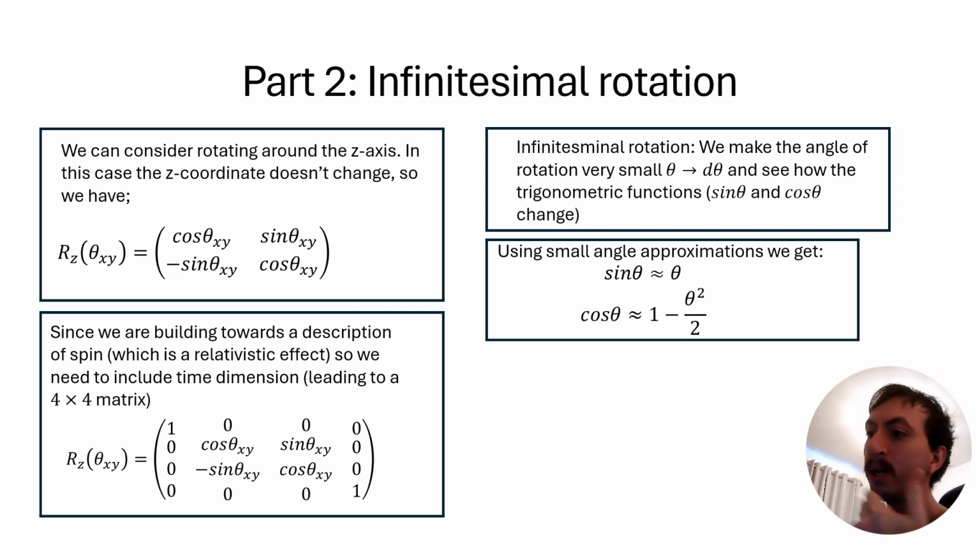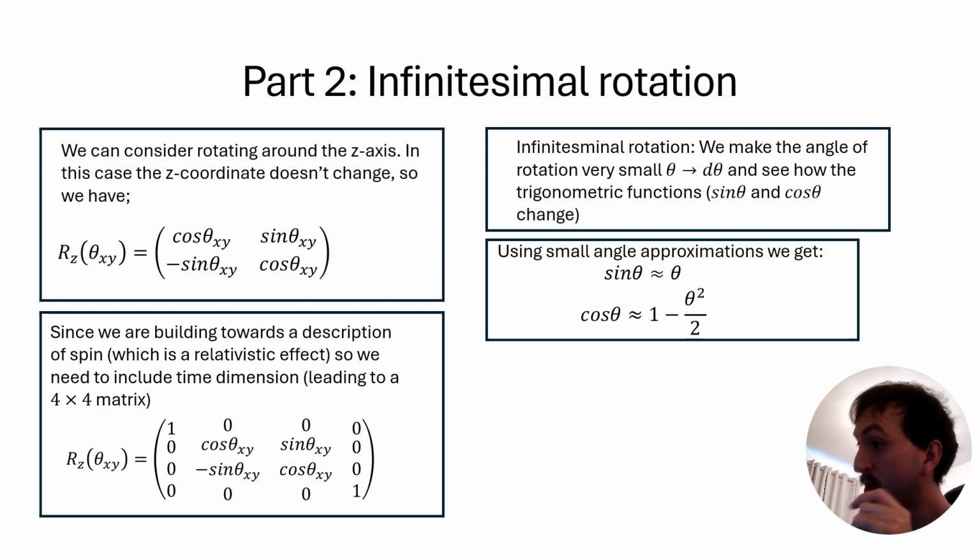And to do that we can use the small angle approximations which come from the Taylor series. So we have sine theta being approximately equal to theta, and cos theta being approximately equal to 1 minus theta squared over 2 for small angles.